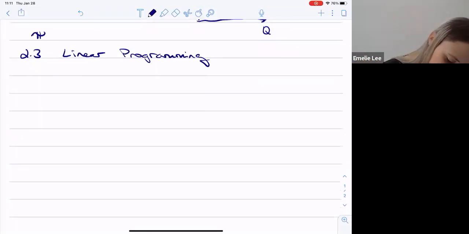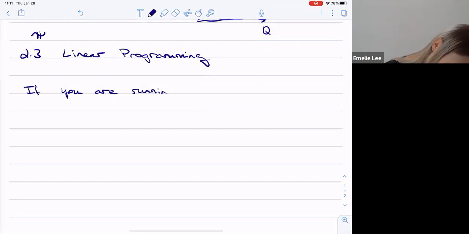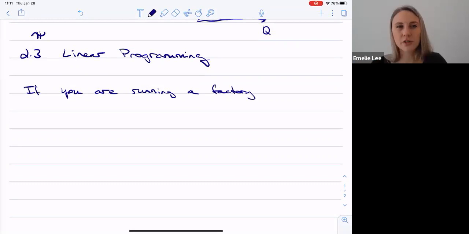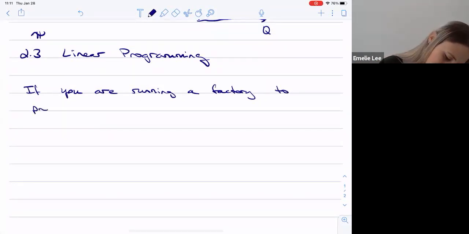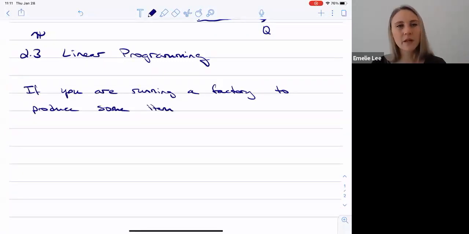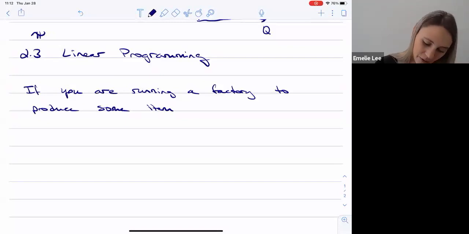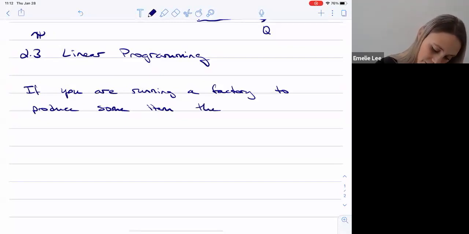So if you are running a factory to produce some item, you're limited by the number of items.